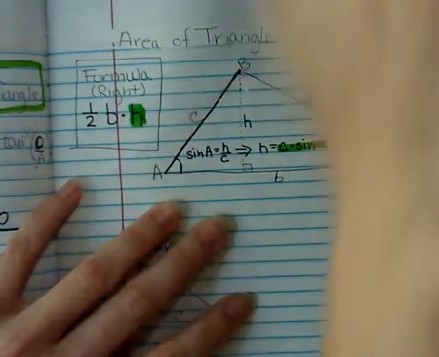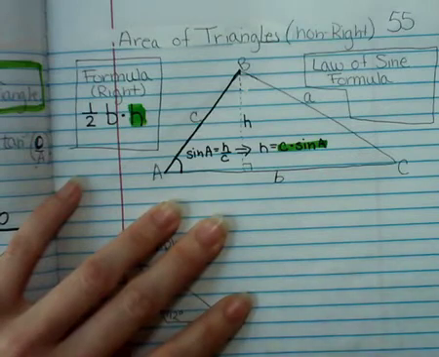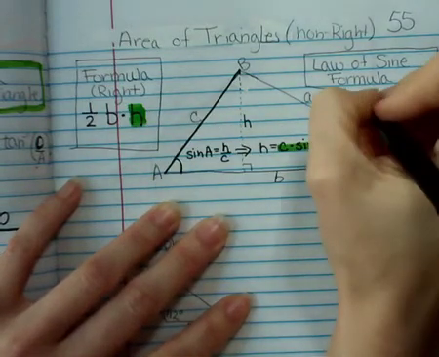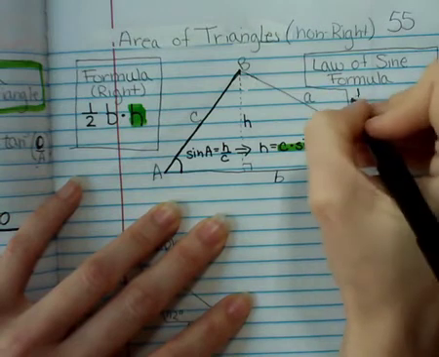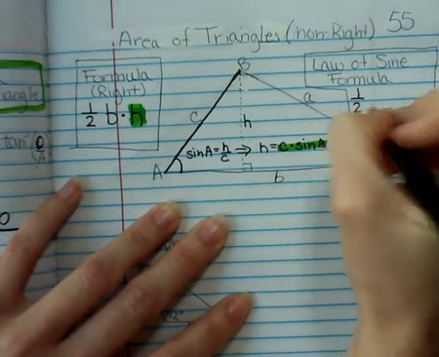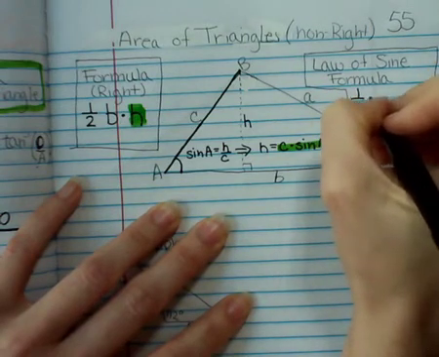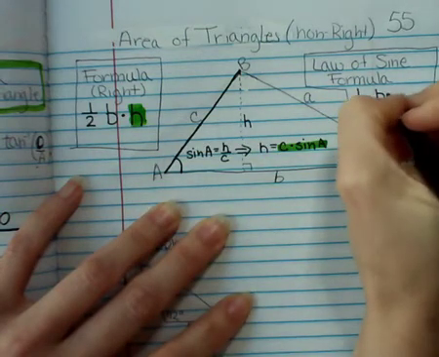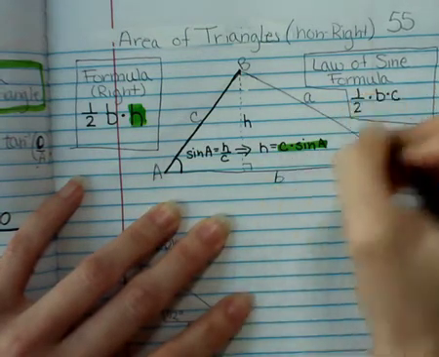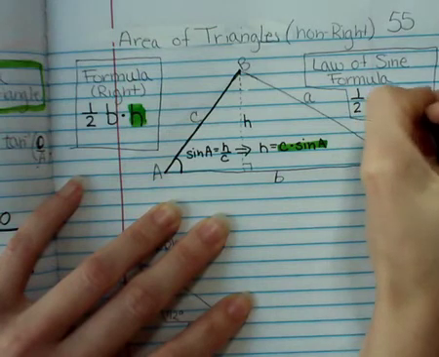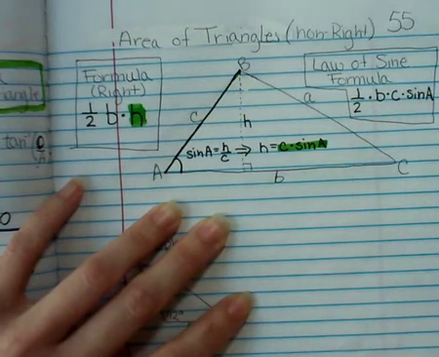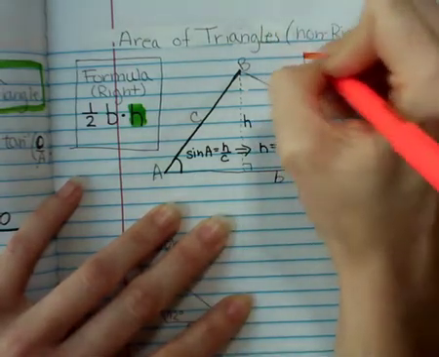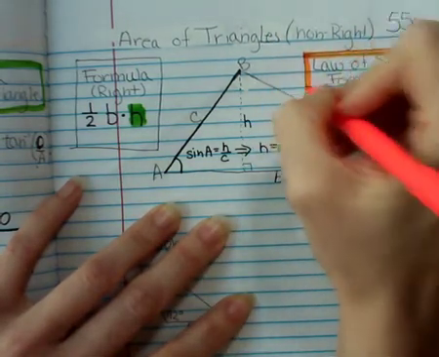So we could go ahead and replace this h with c times the sine of A, and that gives us our law of sine area formula, which is 1/2 times b times c times the sine of angle A. Okay, so this is our official law of sine formula for finding area.